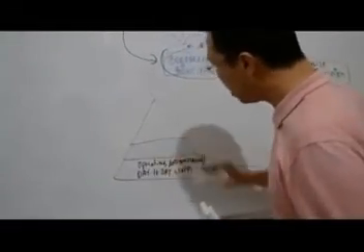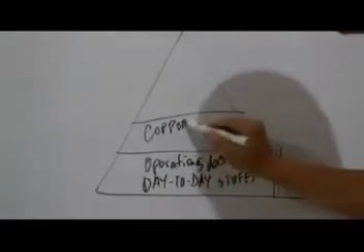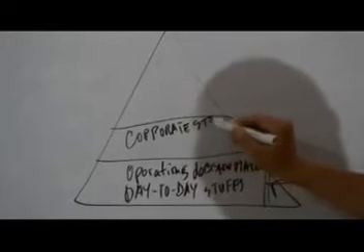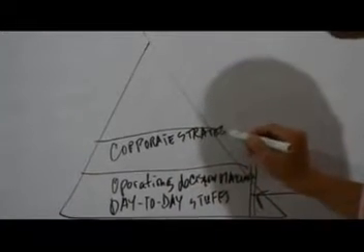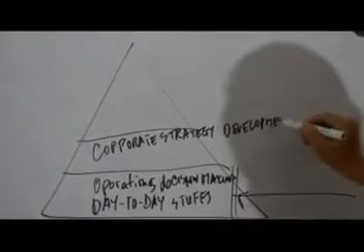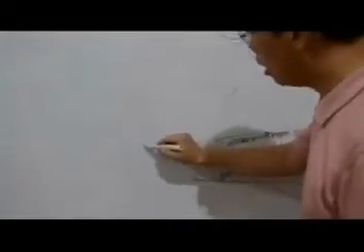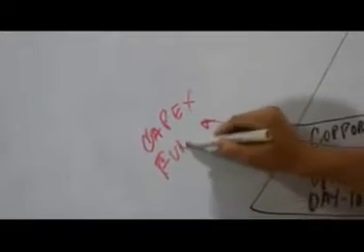On the second layer, you have what I call the corporate strategy development. At this level, we think about the capital expenditure, we think about the funding.